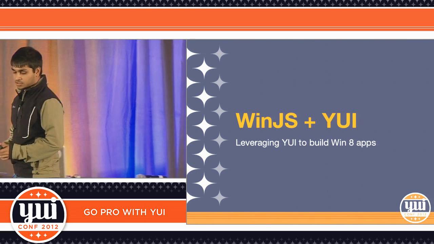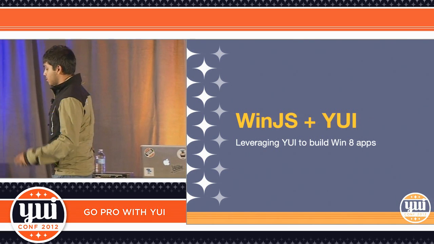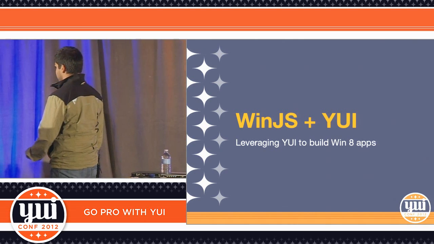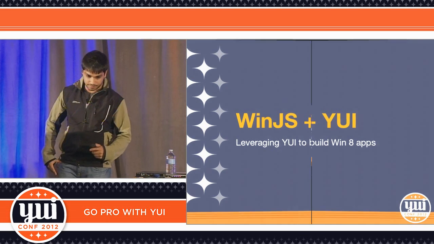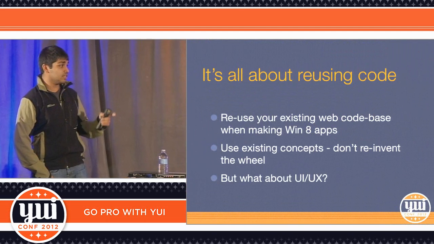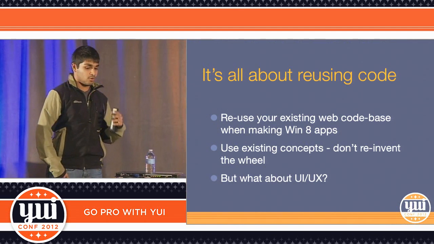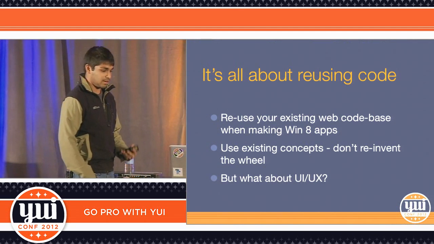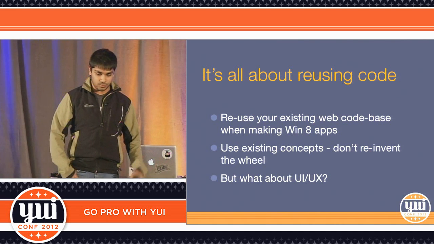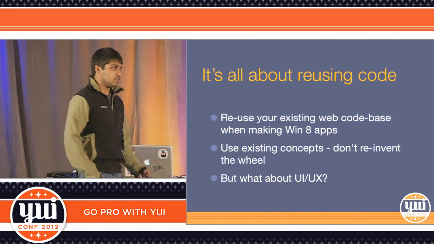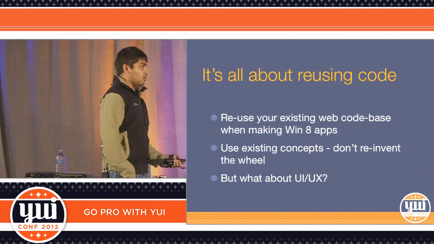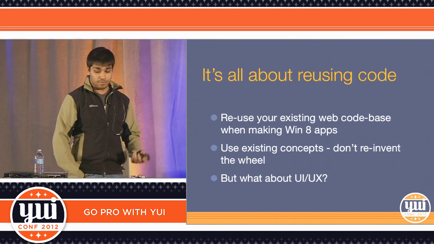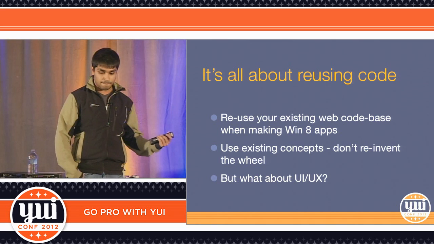So I'm going to talk a bit now about the interesting part, which is how we can use YUI and WinJS to build Windows 8 apps. Now this section is all going to be about reusing code. That's something I found out while I was experimenting with this stuff: because this is a web runtime, we can reuse a lot of existing web code when making Win8 apps.